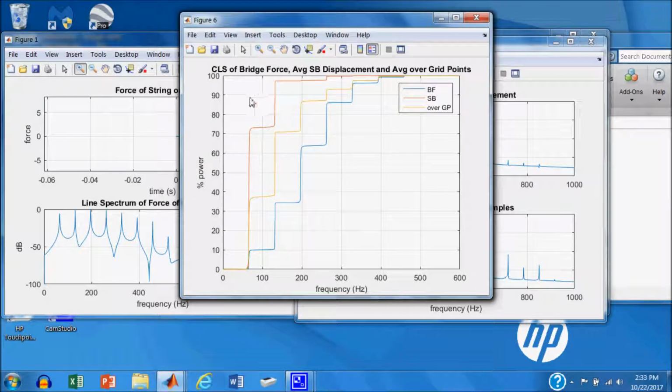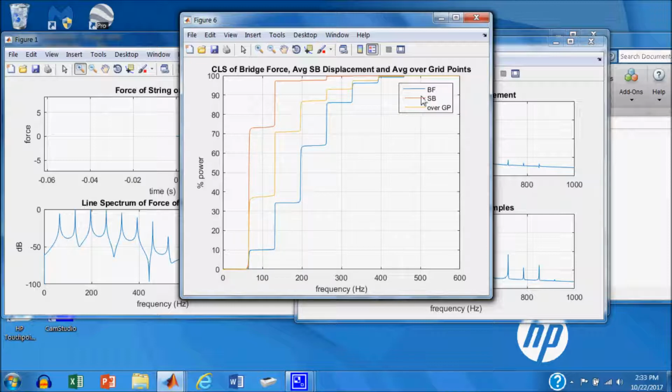This is supported with the cumulative line spectrum, which may be kind of a subtle concept to some of you, and I won't go over it. It's in the book, it's in the courses I present, and it's also in that series that's going to appear or has appeared in the Piano Technician's Journal. But anyway, here's the cumulative line spectrum.